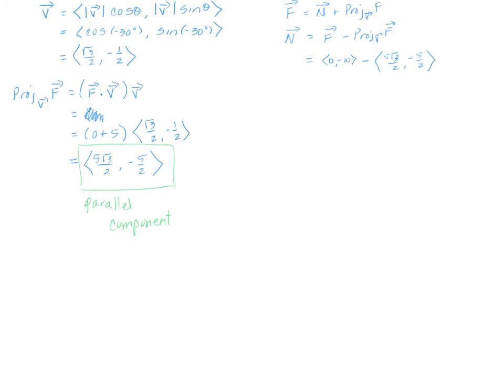Let's see, so that would be -5 square root 3 over 2, -10 minus a negative, so plus 5/2. That would be -15 over 2? So silly, can't do regular math. And then this would give us our normal component.